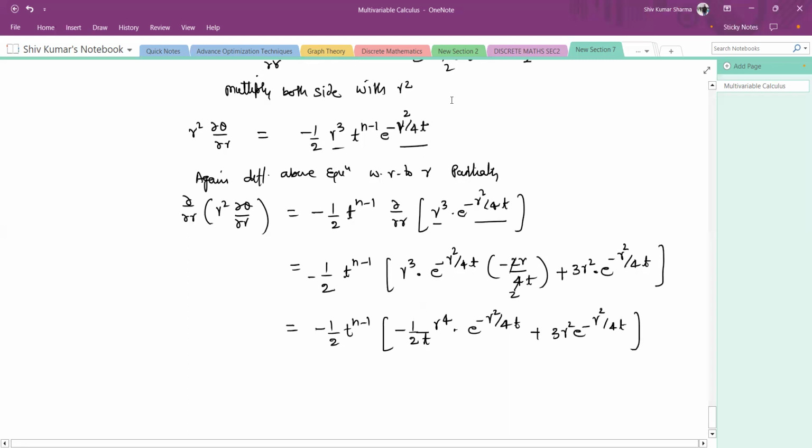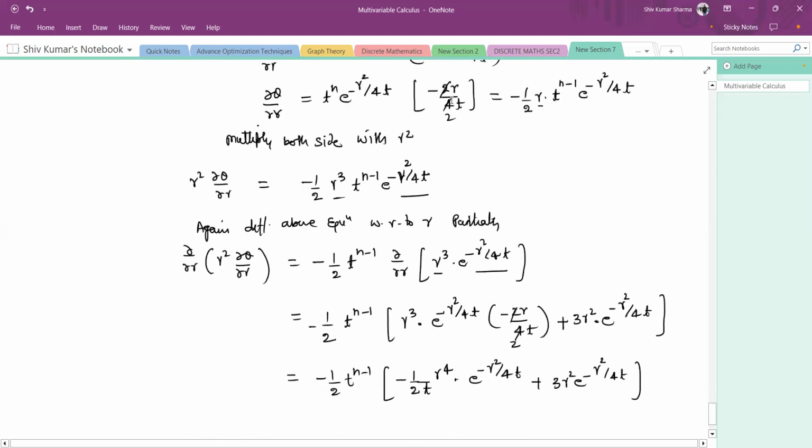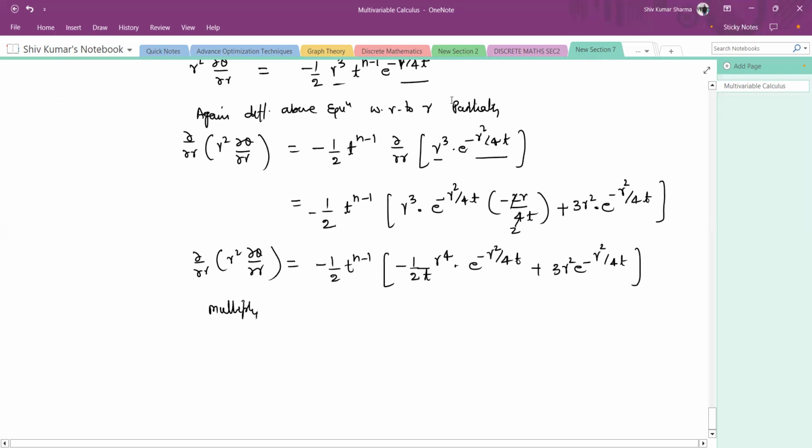Okay. So now again we see the LHS part. So we also multiply 1 upon r square into the LHS. Here this is the value of del upon del r into r square del theta upon del r. So we multiply both sides by 1 upon r square.